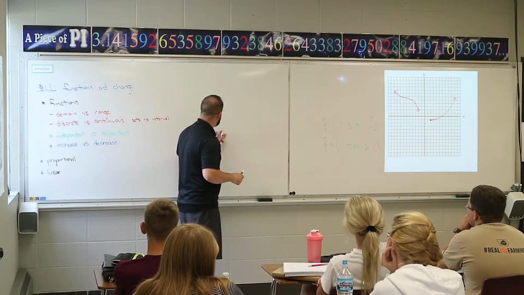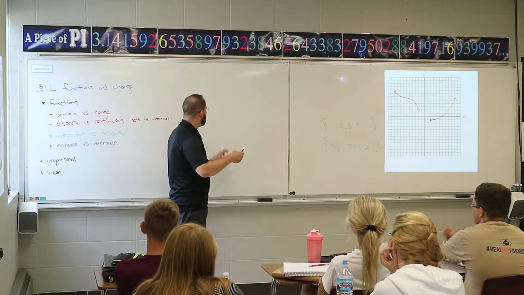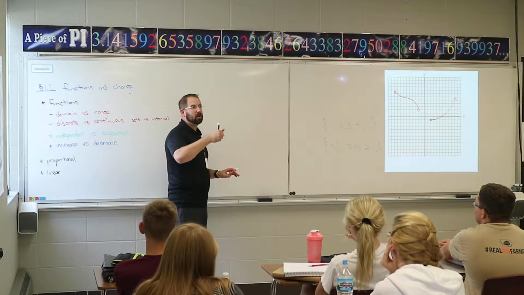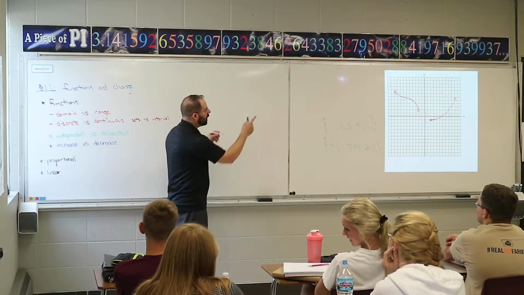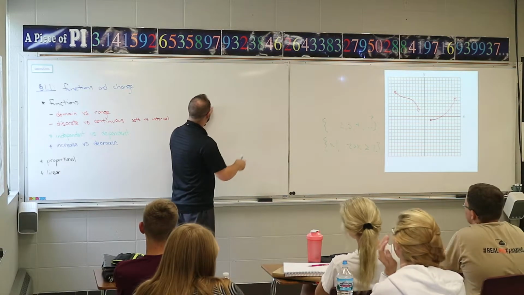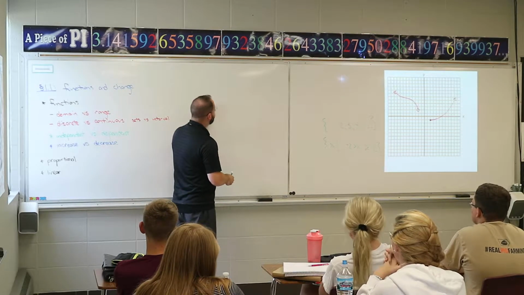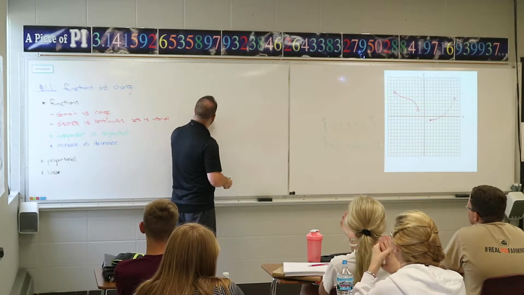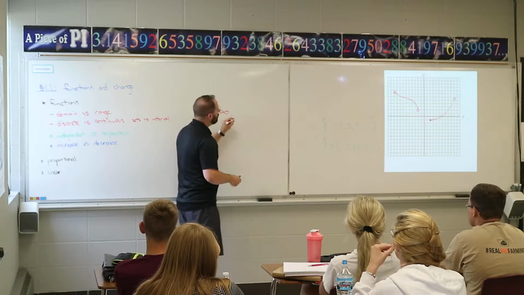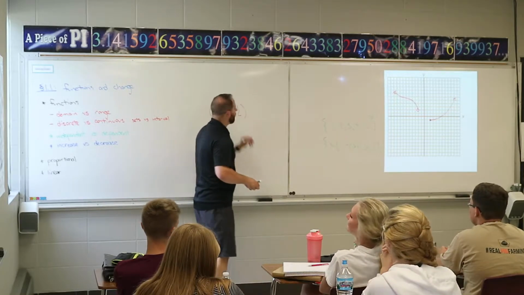This is what it looks like, and I'll show you why there's a problem with it. Or, not a problem with it, but the way that people look at it, and I can understand where they're coming from. It's when they go, I'm going from negative infinity up to 2. I'm writing it like that.